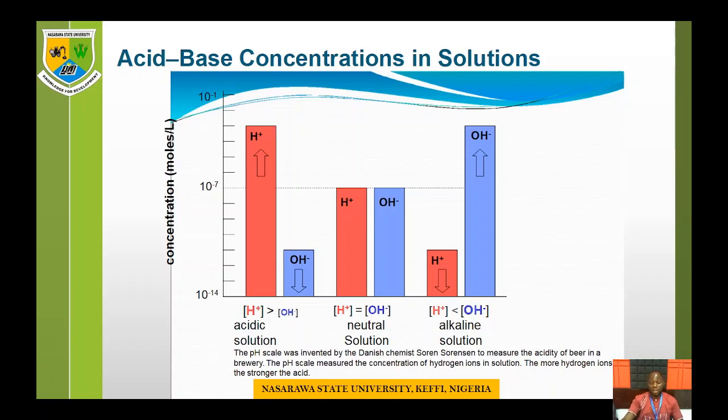Then at the extreme end there is an increased hydroxy ion and a decreased hydrogen ion, which shows that the solution is alkaline. Then midway, in the middle of the chart, the concentration of hydrogen ions and the concentration of hydroxy ions are equal, giving a neutral solution.